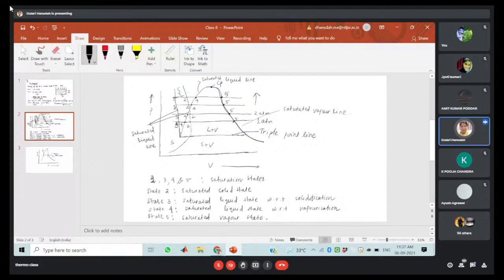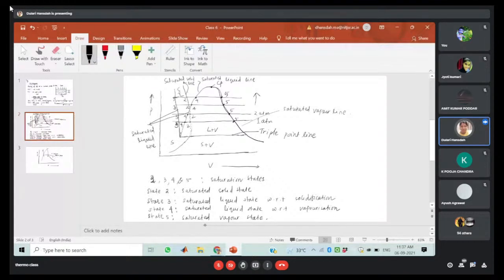So we have seen all the states and all the lines. Okay. The line which joins state 2 is known as your saturated solid line. Okay. So in between this saturated solid line and saturated liquid line, the pure substance will coexist in the form of a solid and liquid mixture.